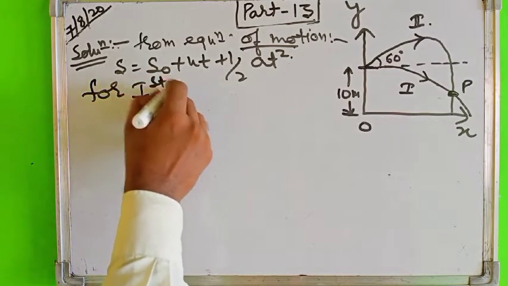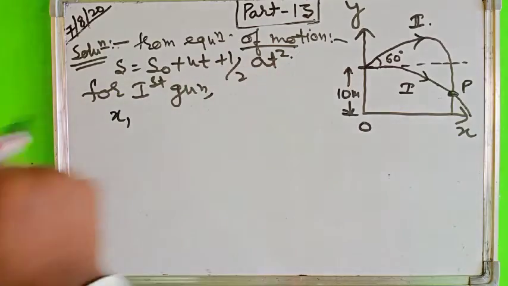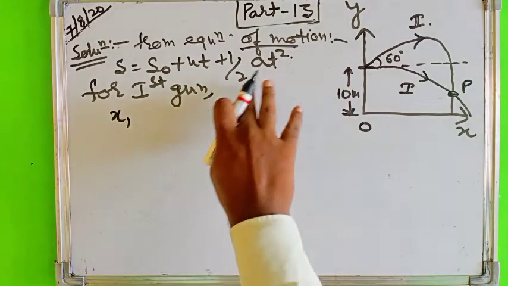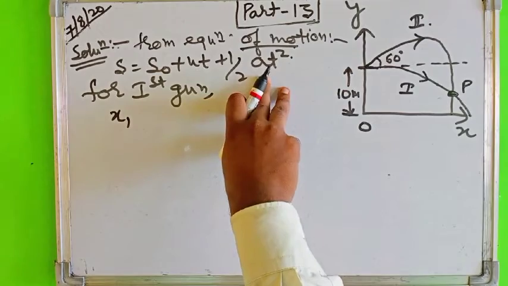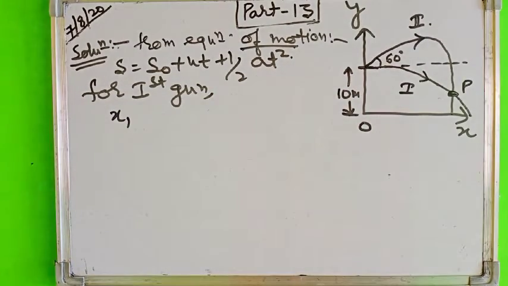For the first gun, the position is x1. Since it is fired horizontally, there is no acceleration in the horizontal direction.